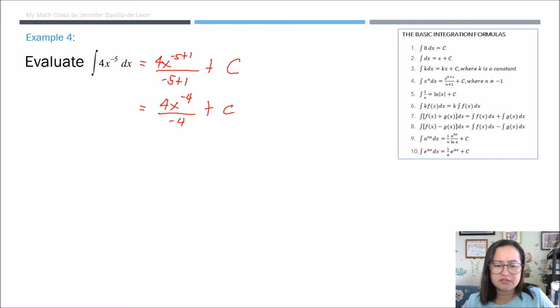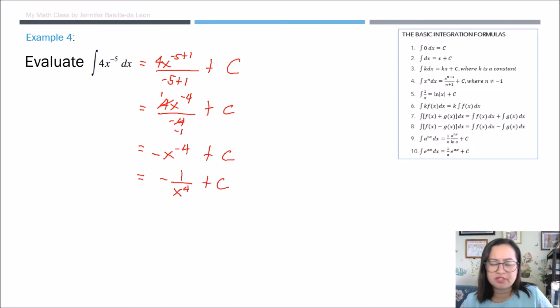We can cancel this, so we will have negative 1. This is positive 1. Therefore, we will have negative x raised to negative 4 plus c. Or we can have negative 1 over x raised to the 4th power plus c.